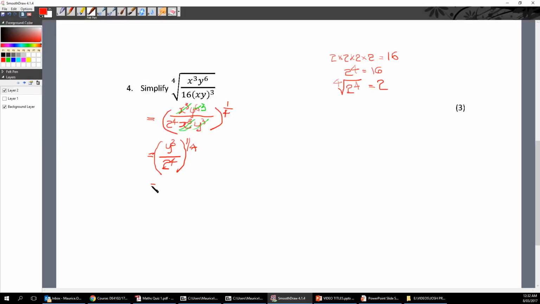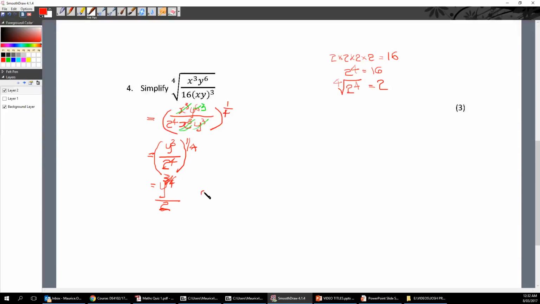So we get y to the power of 3/4 over 2 to the power of 4 to 1/4, which is 2. So we get y to the 3/4 over 2.